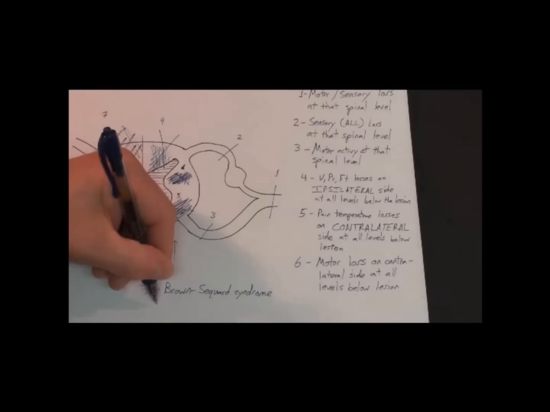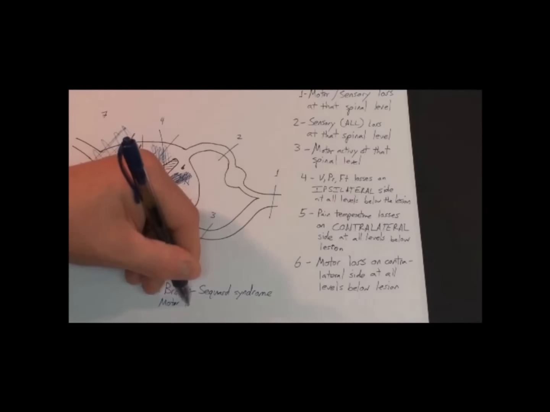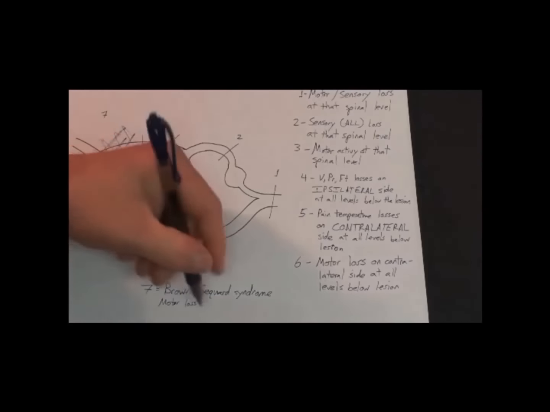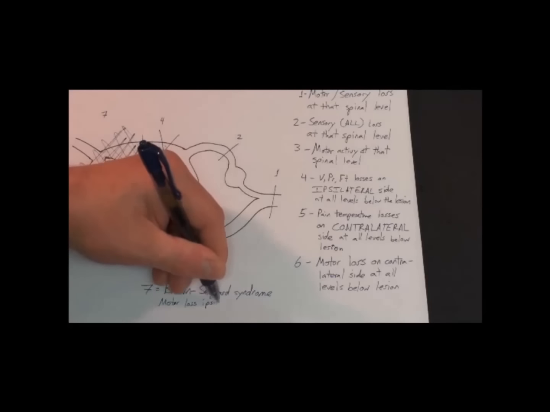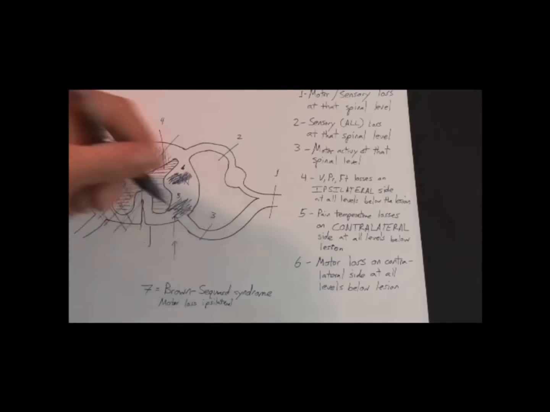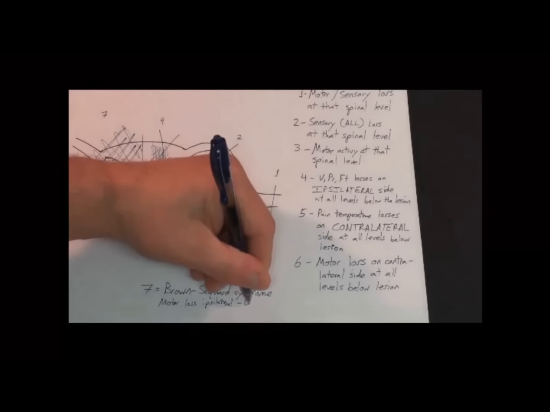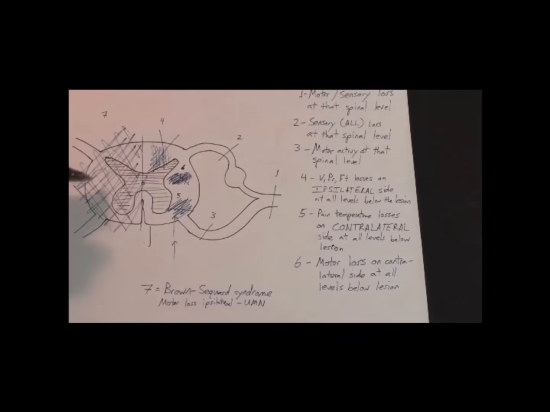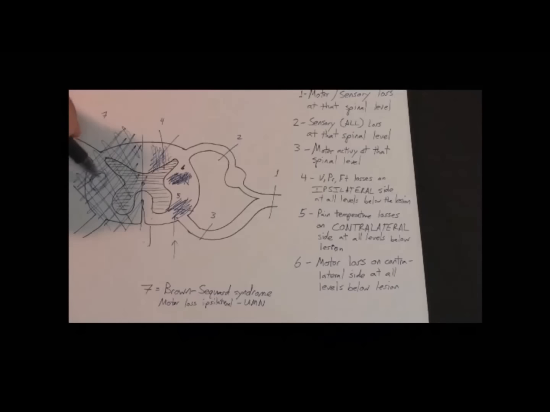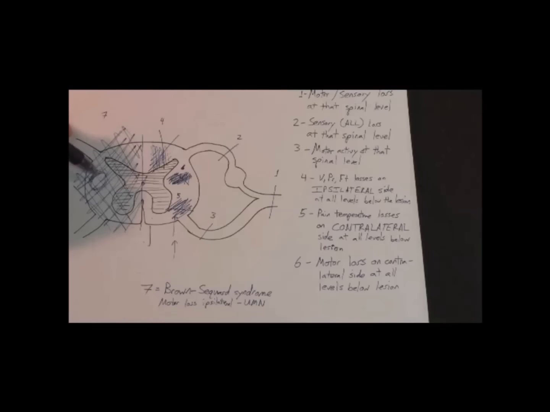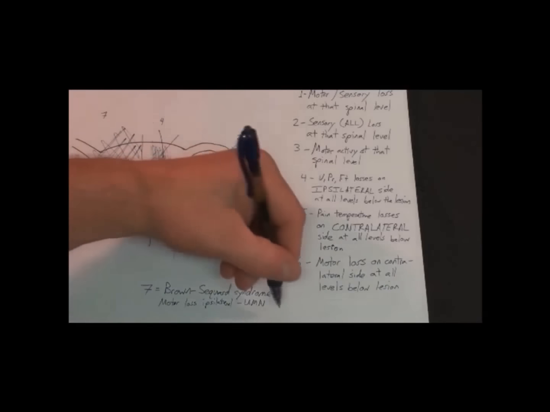So we've got loss of motor on the ipsilateral side, and that's going to cause upper motor neuron signs. So spastic activity of the levels below the lesion, kind of just rigidity, hyperreflexia is going to result from that, upper motor neuron signs.